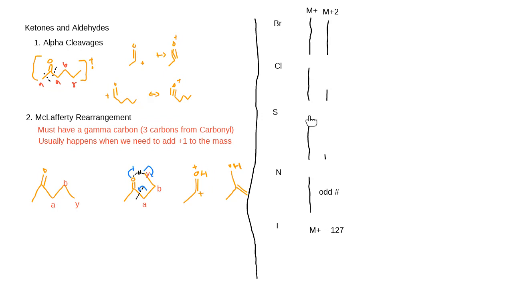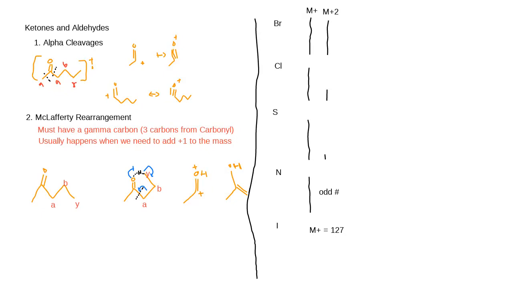If you have a 1 to 9 ratio, it's going to be sulfur. If you have a 1 to 3 ratio, it's going to be chlorine. If you have like a 1 to 1 ratio, it's going to be bromine. Okay? So those are the heteroatoms you should be aware of. Patterns you should look out for on your graph. So let me write this down.